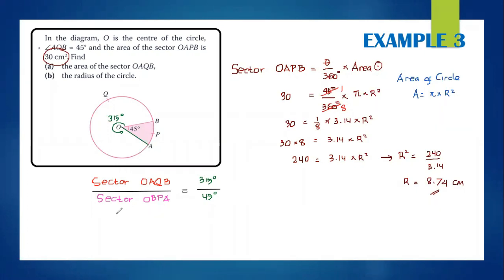Okay. Sector OAQB over sector OBPA, which is 30 centimeters square, right?